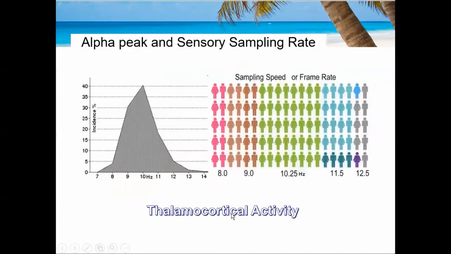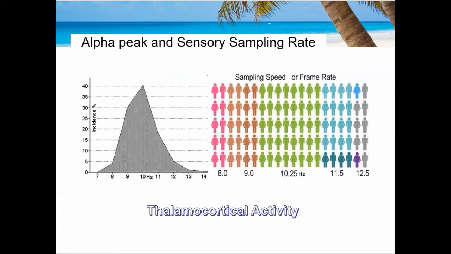All right, what does it mean to have a sample rate around 10? Well, 10 is the average speed for adults, and that means it's usually most efficient. It's the reason why we have 24 frame and nearly 30 frame movies and television: because we sample the world around, most of us are around 10.